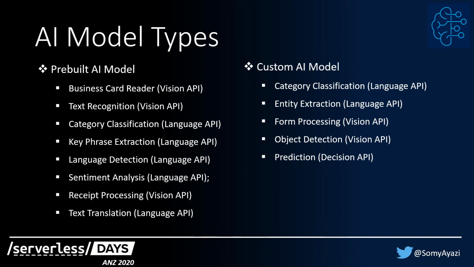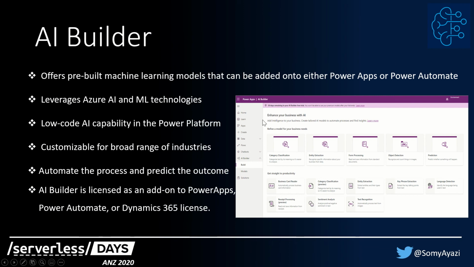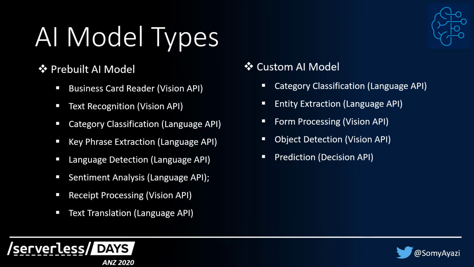There are some pre-built AI models within AI Builder that you can click and start using, and there are also some custom models that you can customize and configure based on your business process.